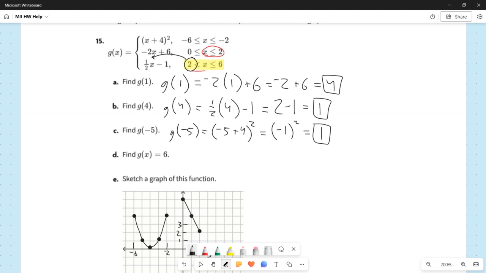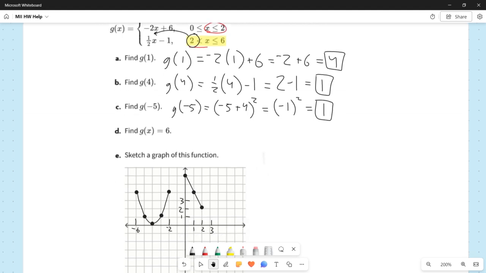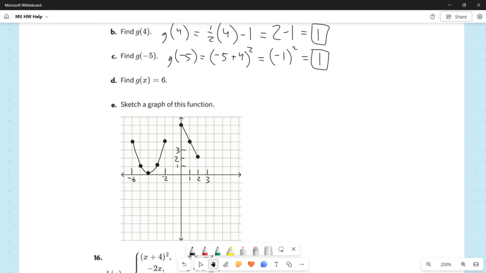And then 1 minus 1 is 0. So what that means is when we quote unquote plug in a 2, we get a 0. The way that we can indicate that on this graph is we can represent that with an open dot. So at 2, I'm going to put an open dot at 0.